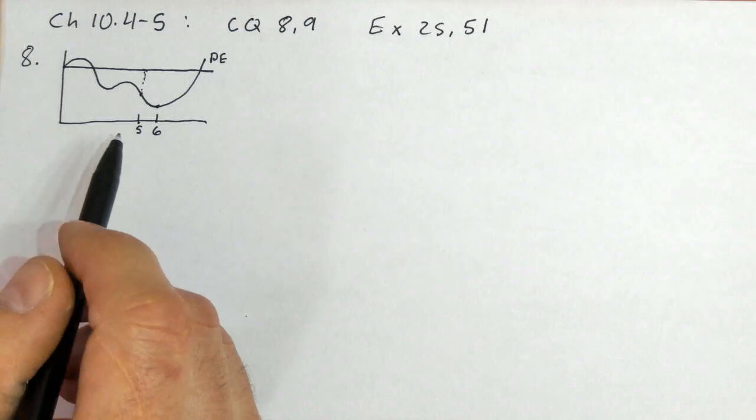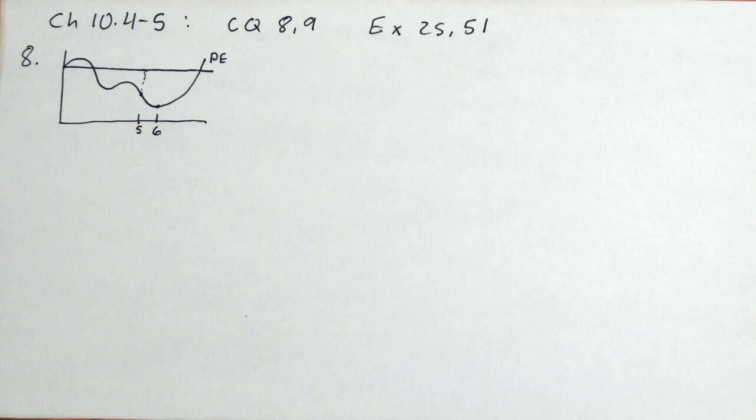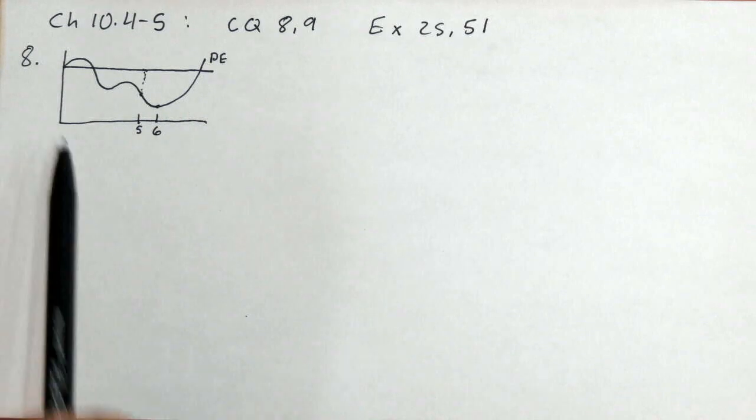Okay, well, what about turning points? How do you find a turning point off of an energy graph? A turning point is where the particle turns around, which necessitates its velocity to be 0. Well, where is the velocity 0, or in other words, the kinetic energy 0 on this graph?